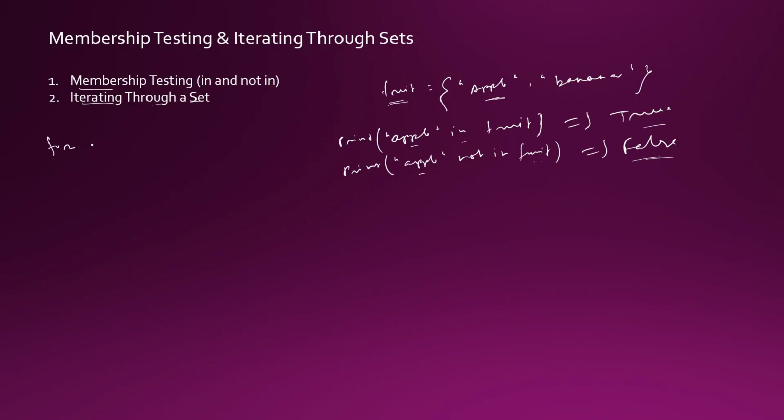If I write for fruit in fruits and try to print my fruit, then it will give me the answer: apple, banana, all these things. So to access our set elements, we can use a loop, that is called iterating through a set. That means we are iterating over all the elements of a set using this for loop.